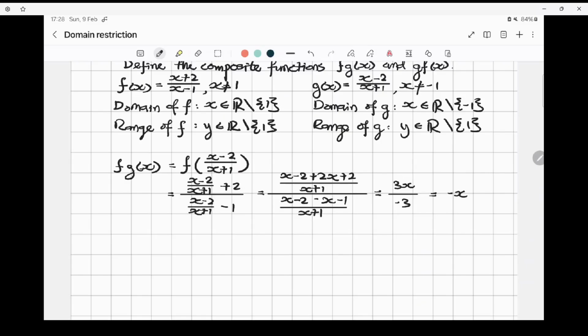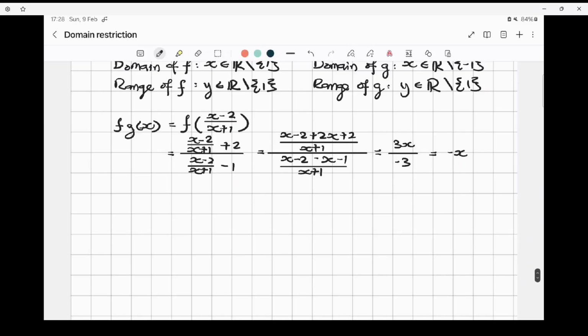This is kind of bizarre because initially you have some domain where you need to avoid some of the points. So how do you find your range in this case? Let's look at the domain of fg first. This is also one example whereby you cannot simply guess your domain and range based on the composite function, because at the very end you get minus x.